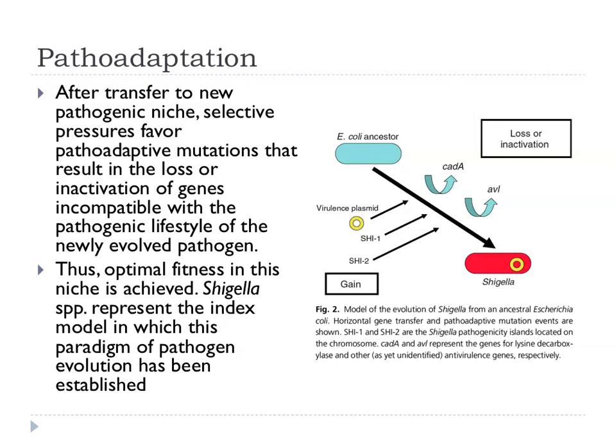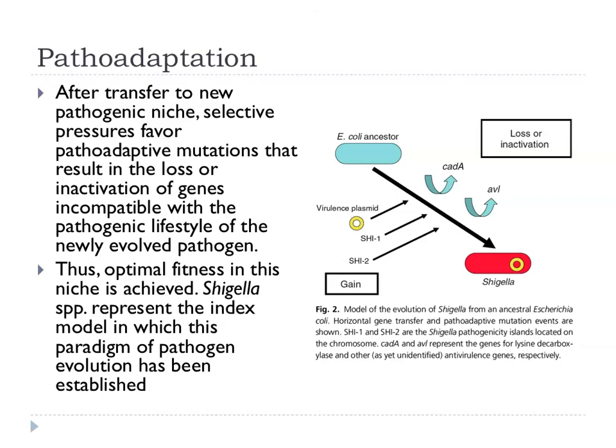Another important concept, slightly counterintuitive, is the idea of pathoadaptation. So you can imagine, to become a pathogen, you're a bit like K12, a boring old E. coli, and then a wedge of genes comes in, and bang, you suddenly become a pathogen. And we can argue that to evolve Shigella, which is a specific kind of E. coli, we'll say more about that later in the course as to how it causes disease, what we're doing is adding genes.